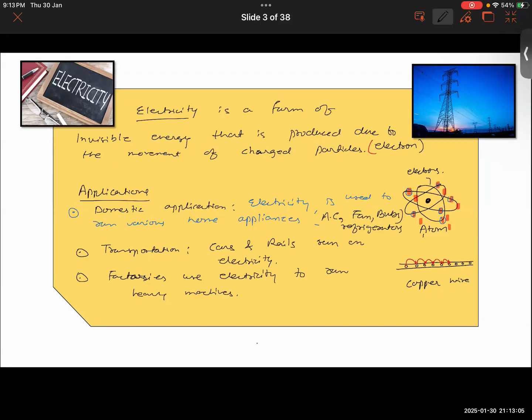When we turn the switch off, the pathway of flow of current breaks. Then the flow of current will break.